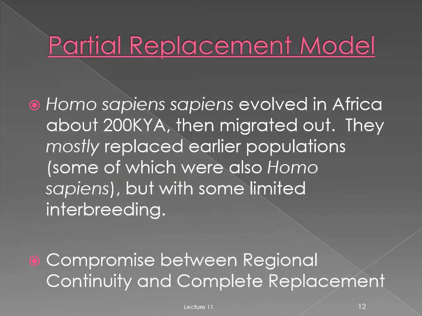On the whole, then, after 30 years of arguing, what has emerged is a growing agreement among paleoanthropologists called partial replacement. Sapiens must have evolved in Africa 200,000 years ago. The fossils are there and the genes agree. Sapiens then moved out of Africa, meeting other species.